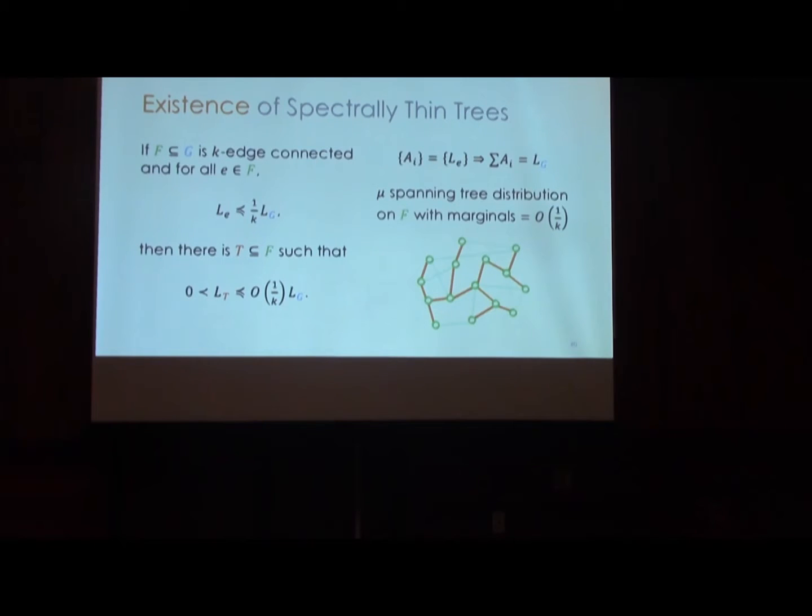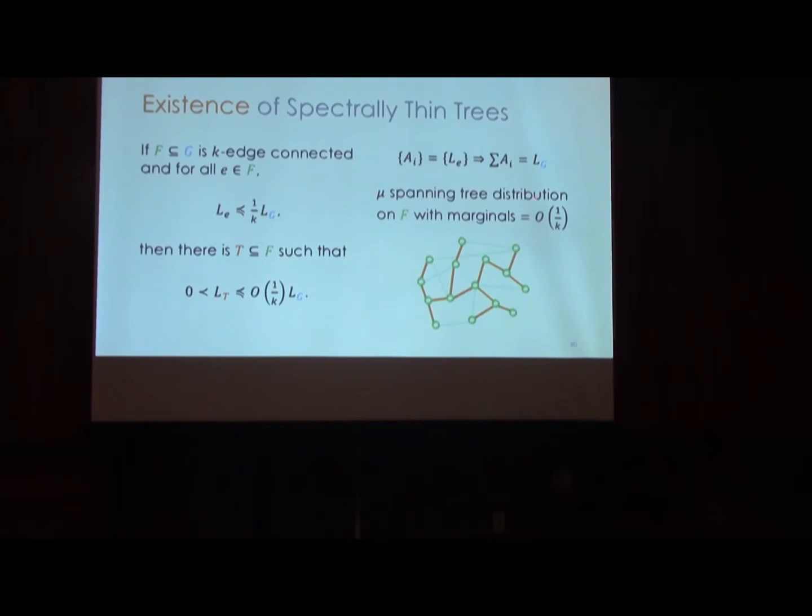This is how you derive this from a result. You just let the A_i be the Laplacians of the edges, as I mentioned before. The strongly Rayleigh distribution that you had to take, remember we wanted a strongly Rayleigh distribution that has small marginals, right?